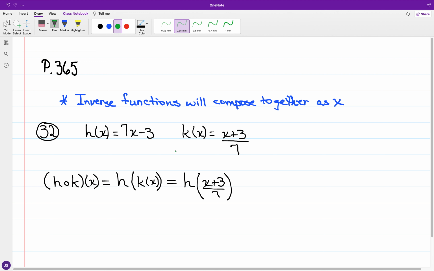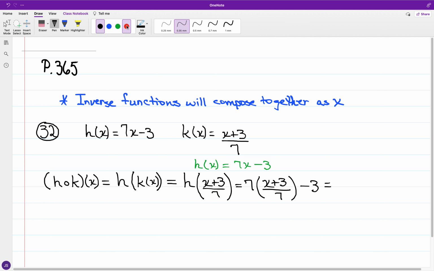And operating in line with h, from h of x, we have h of the input is equal to 7 times the input followed by the subtraction of 3. For this specific case, we have 7 times the input, multiplying 7 and the ratio x plus 3 all over 7, followed by the subtraction of 3.